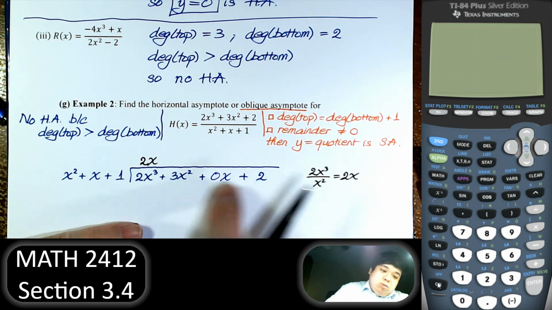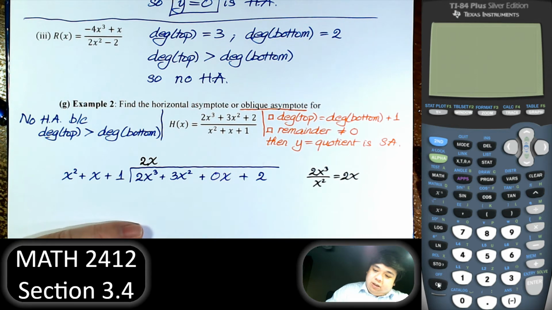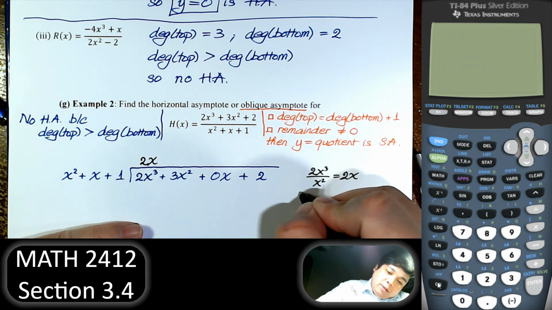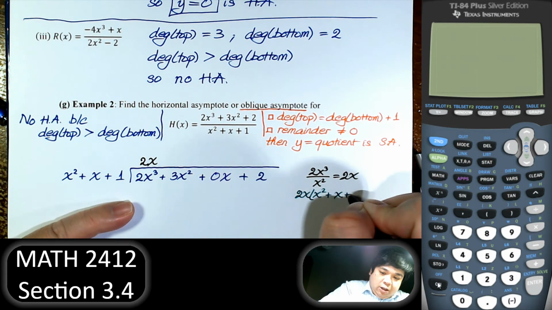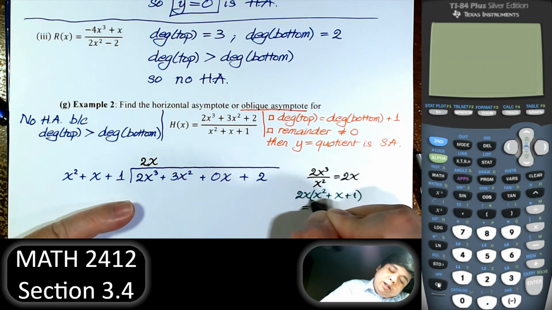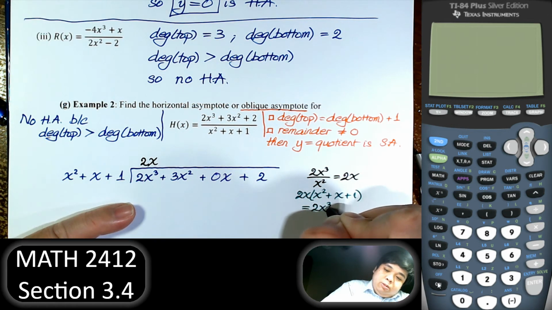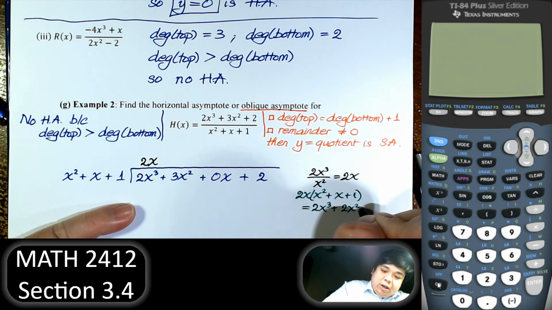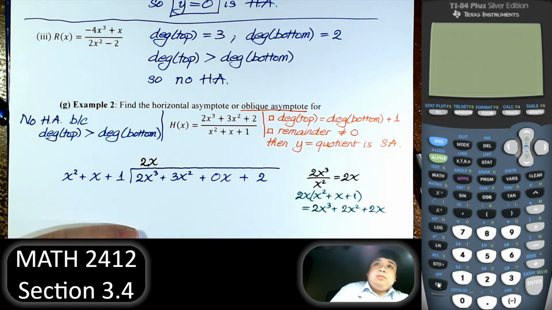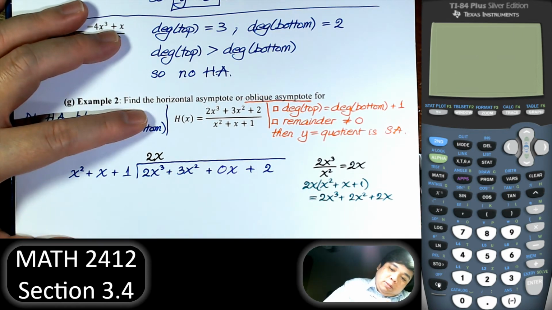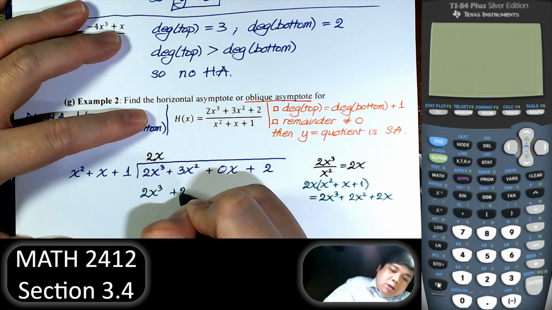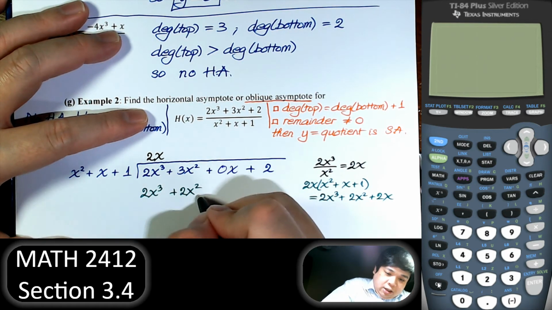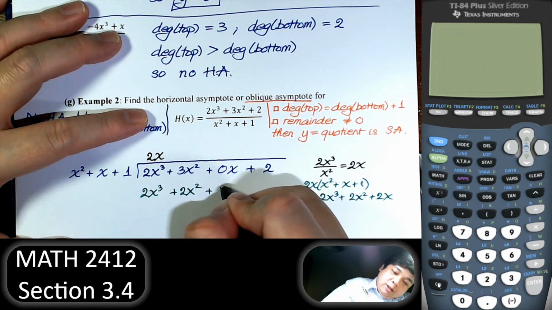Now the 2x multiplies back into x squared plus x plus 1. That gives us 2x cubed plus 2x squared plus 2x.